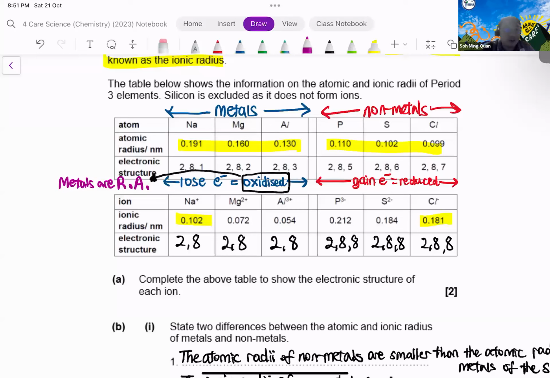They can be easily oxidized themselves because they lose electrons. On the other hand, non-metals like chlorine, they are easily reduced. So non-metals are oxidizing agents. So chlorine is an example of a good oxidizing agent because it is itself reduced, it gains electrons easily.